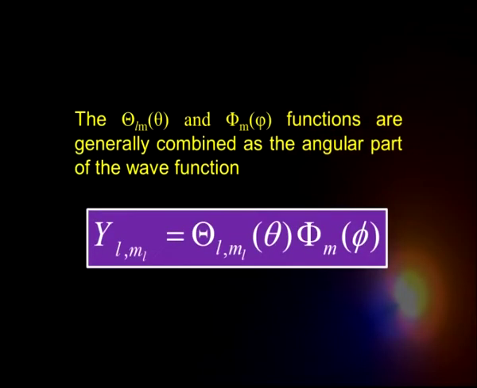Our wave function psi is a function of r, theta, and phi: we have a function of r, a function of theta, and a function of phi. The product of the three is the total wave function. The angular component, that is, what depends on theta and phi put together, is called the angular component of the wave function, given by the expression Y, which is the product of the theta wave functions and the phi wave functions. Now we proceed to the R equation.